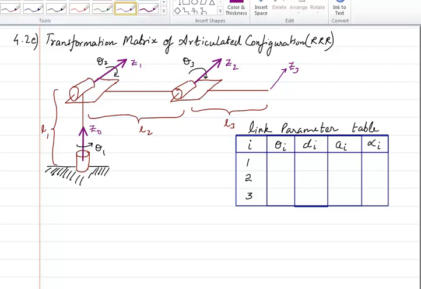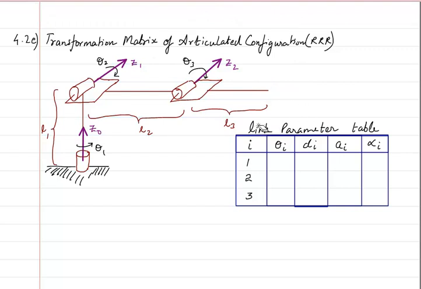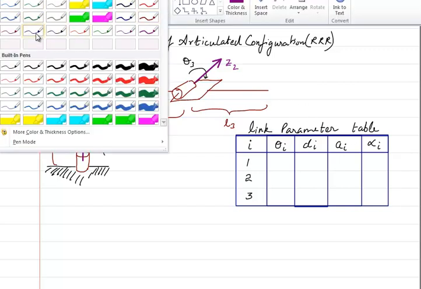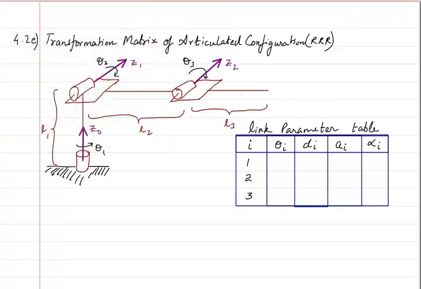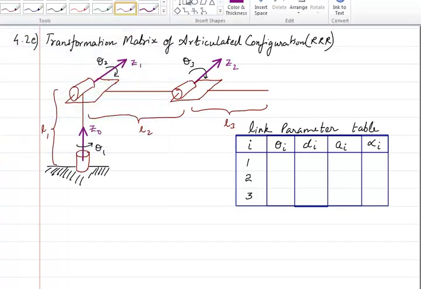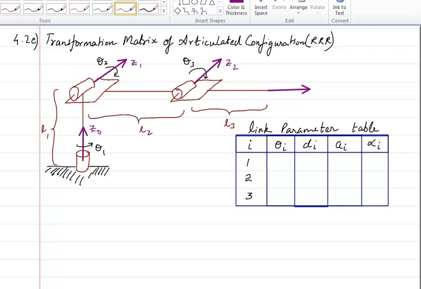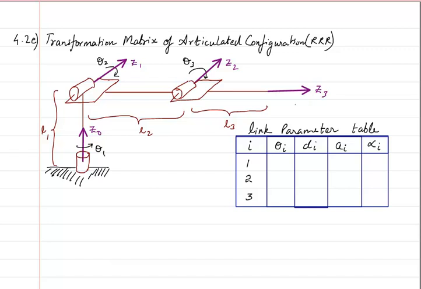So for making the link parameter table very simple, I will make the direction of the z-axis of this end effector in this direction. So let that be my Z3 direction. Okay, so that is Z3.